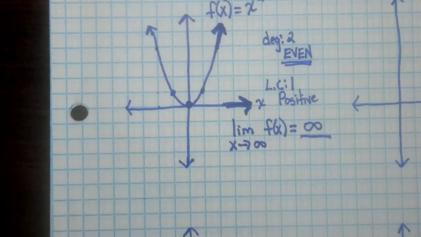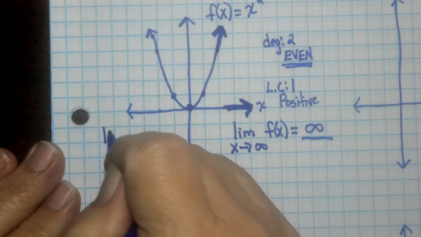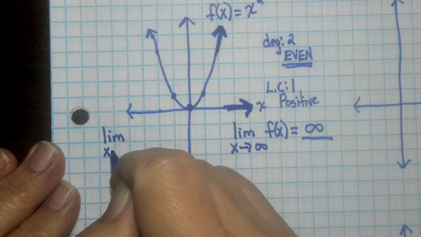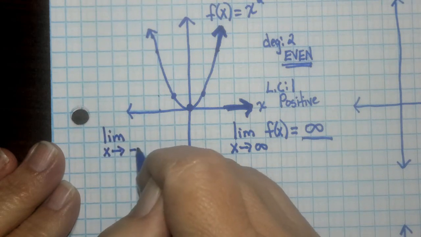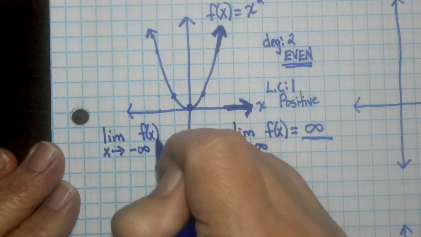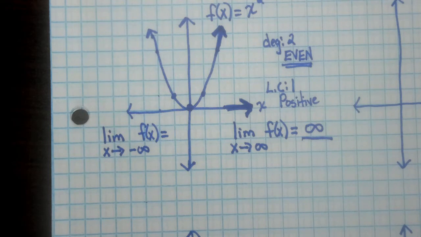So now let's look at the end behavior to the left-hand side. So we're going to write the limit, L-I-M for limit, as x approaches negative infinity of f of x equals. Alright, so what does this weird looking stuff mean? It means this.